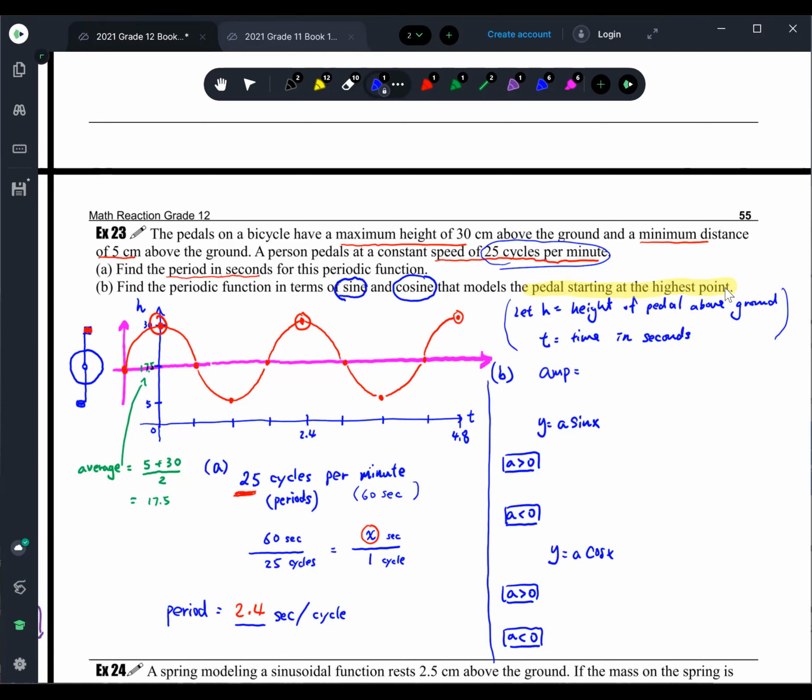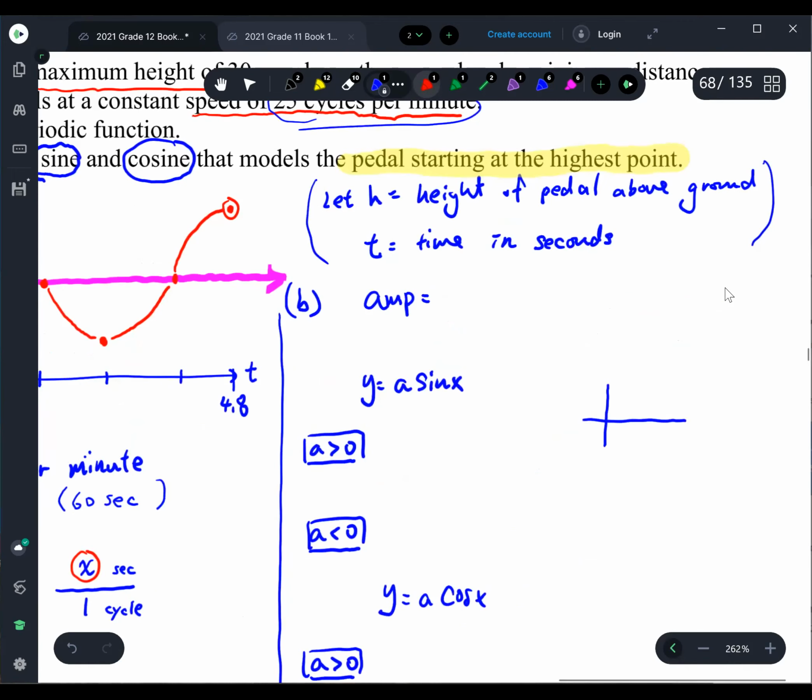We start with sine without reflection. Where's the first point? On the x-axis. It starts from 0, 0, right? Would it go up or down?